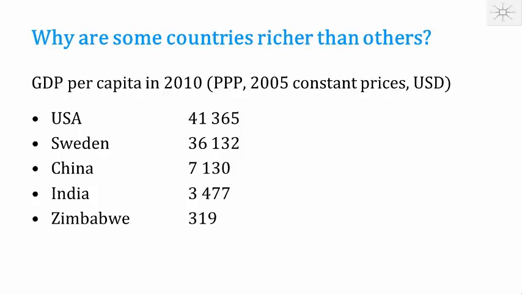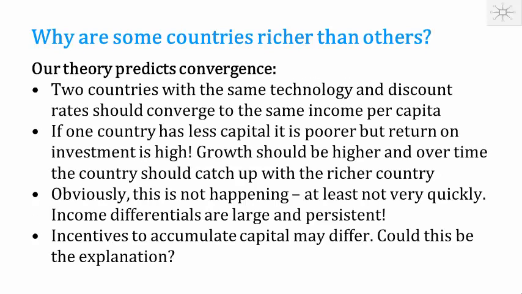And those very large income differences, from the point of view of this theory, you could say that they are quite surprising, because the theory says that we should have convergence. Two countries with the same technology and discount rates should converge to the same income per capita.